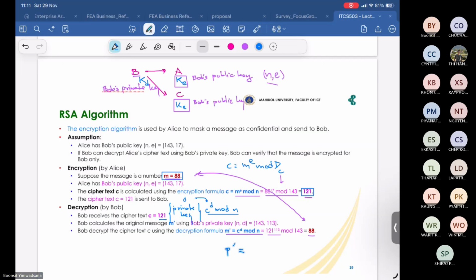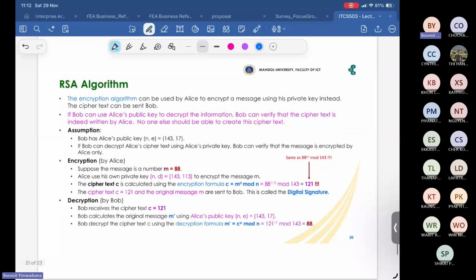And this is, sorry, C to the power D. And then we solve for D because we know mod N and we know C. We also have D. So by doing that, you get the 2 keys.